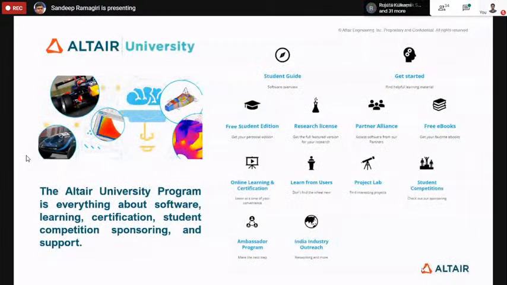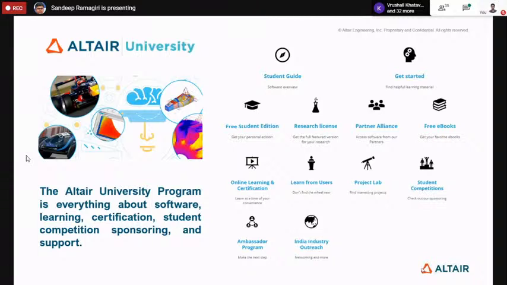Just to conclude my session, I would like to introduce Altair University. Altair University is a program that is everything about the software. It's where you can learn and certify, and we will also have a student competition, sponsors, and technical support. Please visit Altair University, where you will have access to free ebooks, student guides, and you can download the student versions of the software to practice.